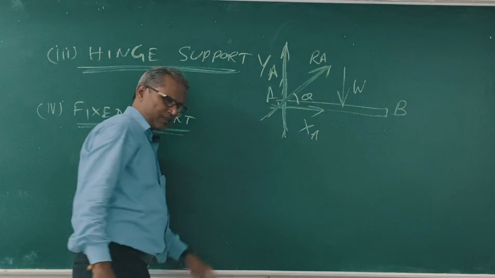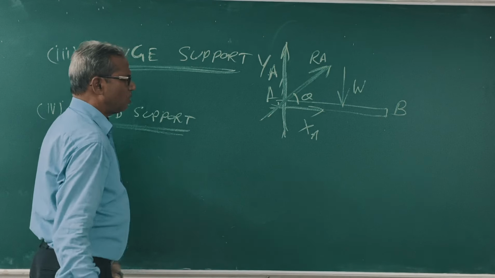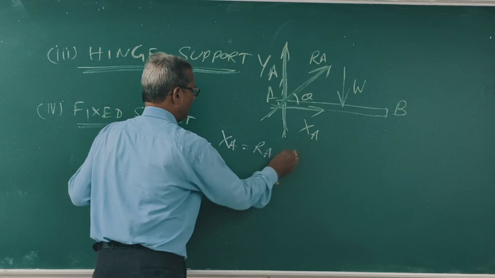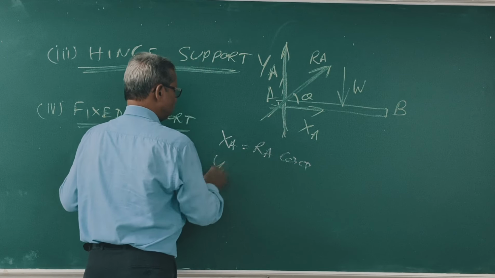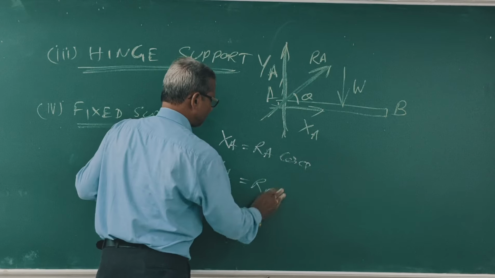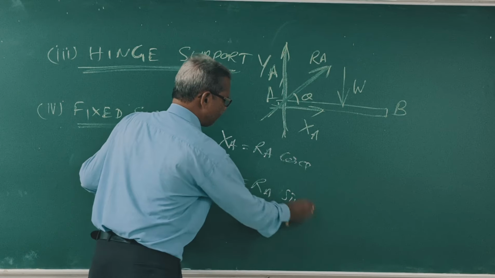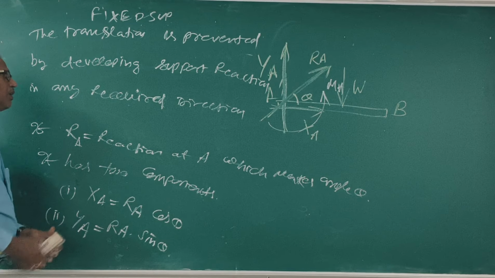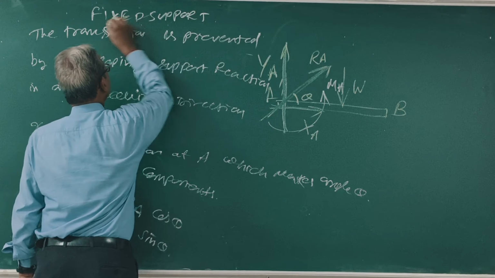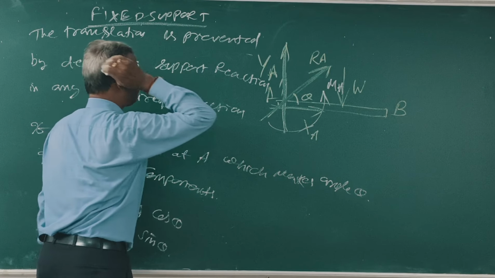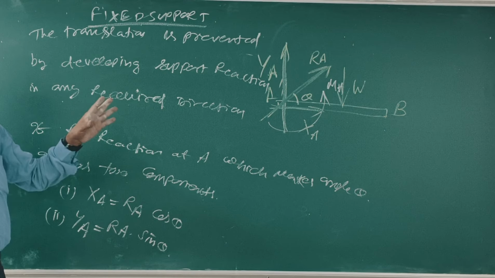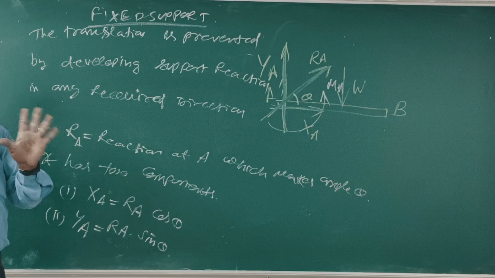Suppose this angle is theta. What is XA? RA cos theta. What is YA? RA sin theta. Okay? It can neither translate nor rotate.